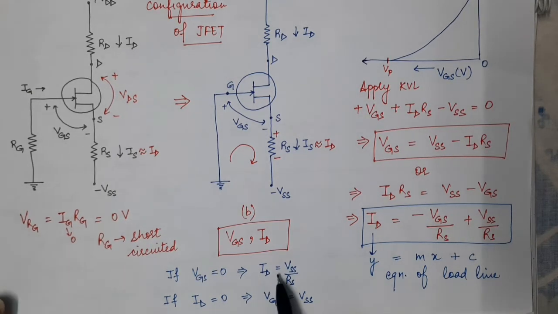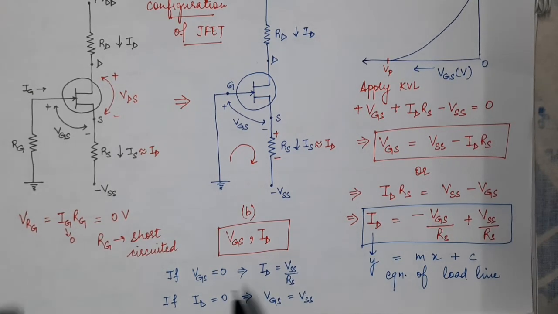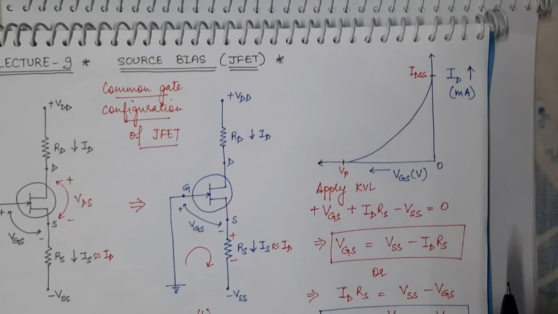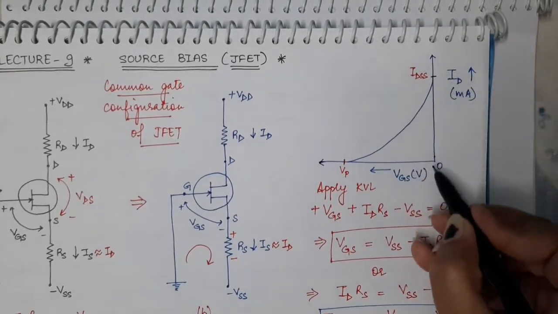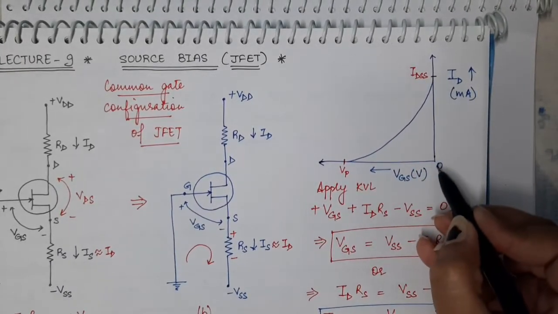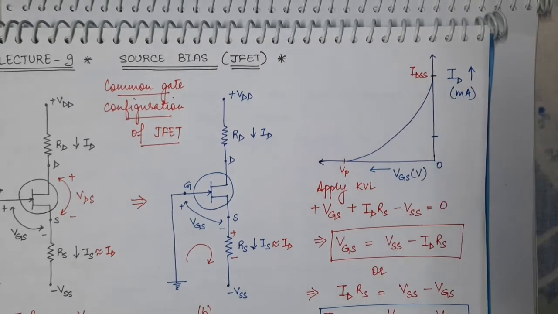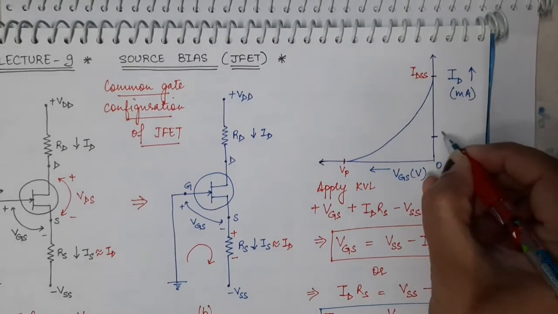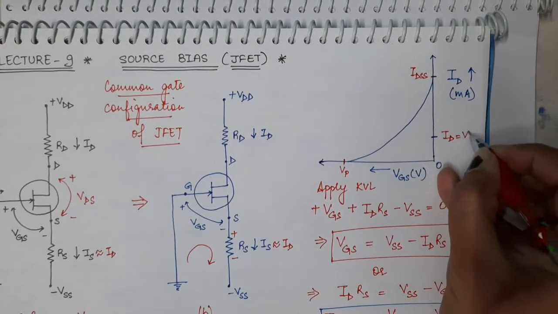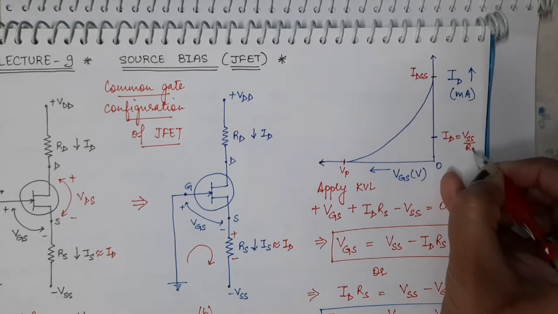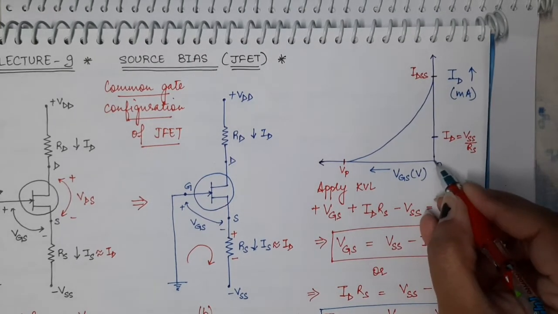So when VGS is equal to 0, ID is equal to VSS by RS. Suppose corresponding to this point on the y-axis, we have ID equal to VSS by RS and at this time VGS is 0.